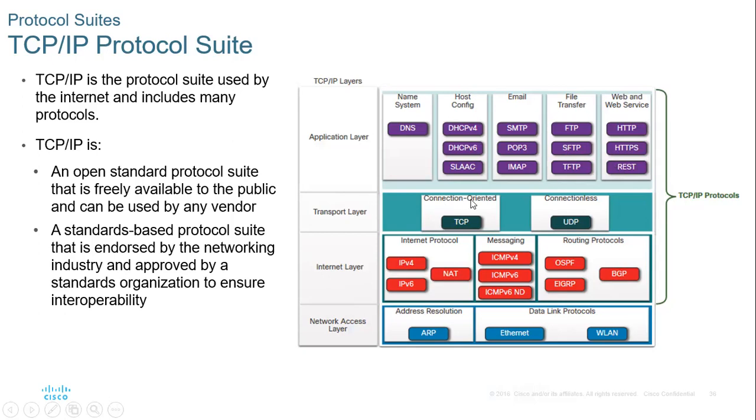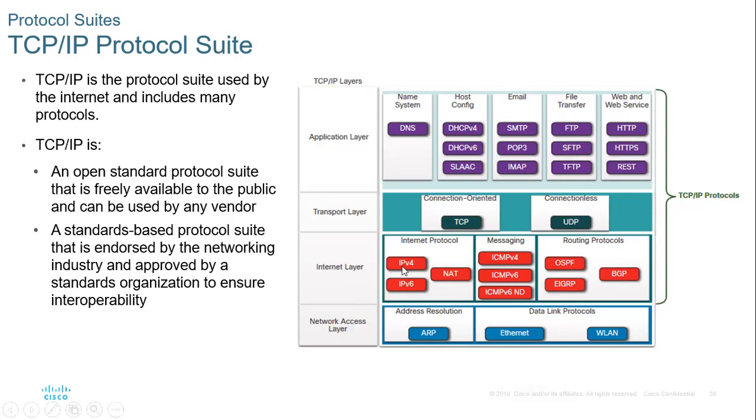The transport layer consists of connection-oriented TCP and connectionless UDP. Connection-oriented means there is a connection: we get an acknowledgement after sending the data packet from sender to receiver. Whereas in connectionless, we don't get any acknowledgement after sending the data packet.